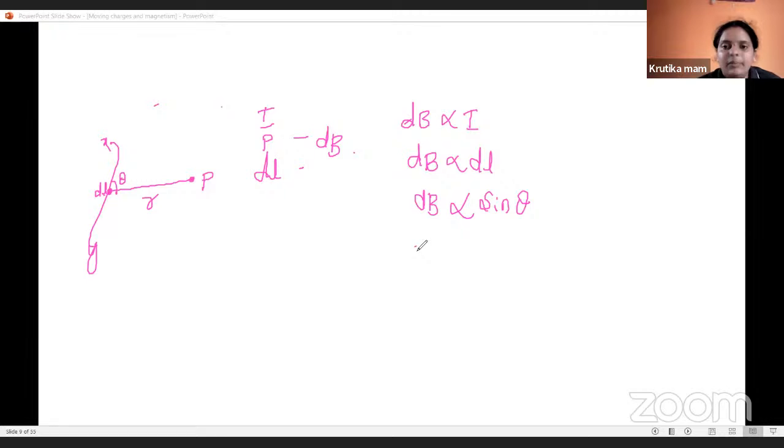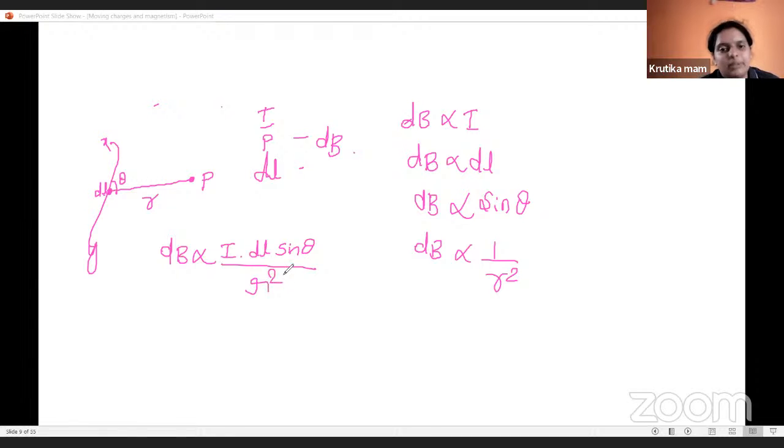And dB is inversely proportional to the square of the distance between the point P and the current element. Combining all the factors, dB is proportional to I dl sine theta upon R square.